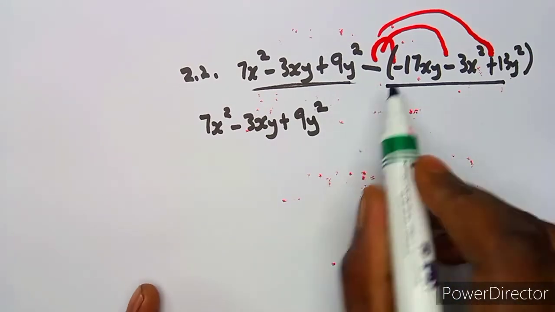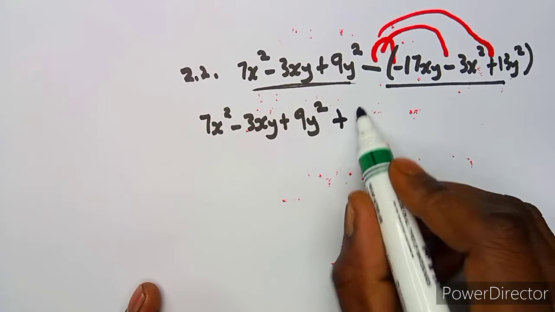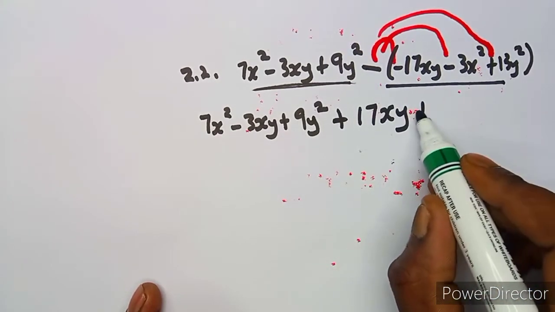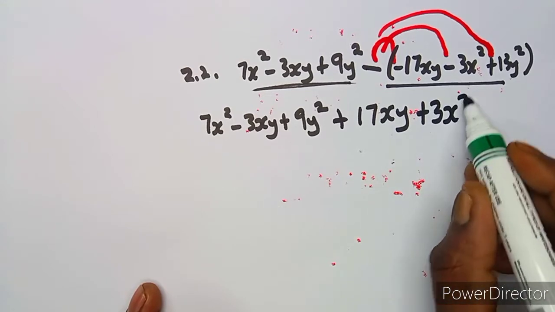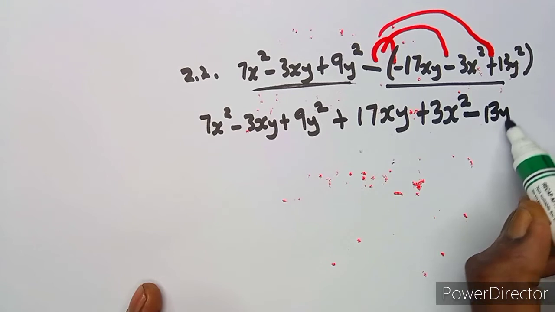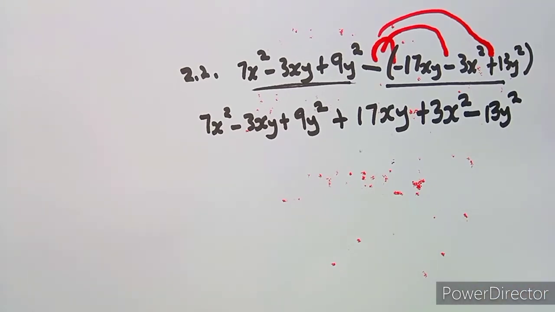So that's minus and minus, that's a plus. We've got 17xy like this, minus and minus, that's a plus, which is 3x squared, minus and a plus, which is a minus 13y squared there. All right, so that's what we are having, guys. We have to collect like terms here. Let's collect like terms and see what you're going to have.